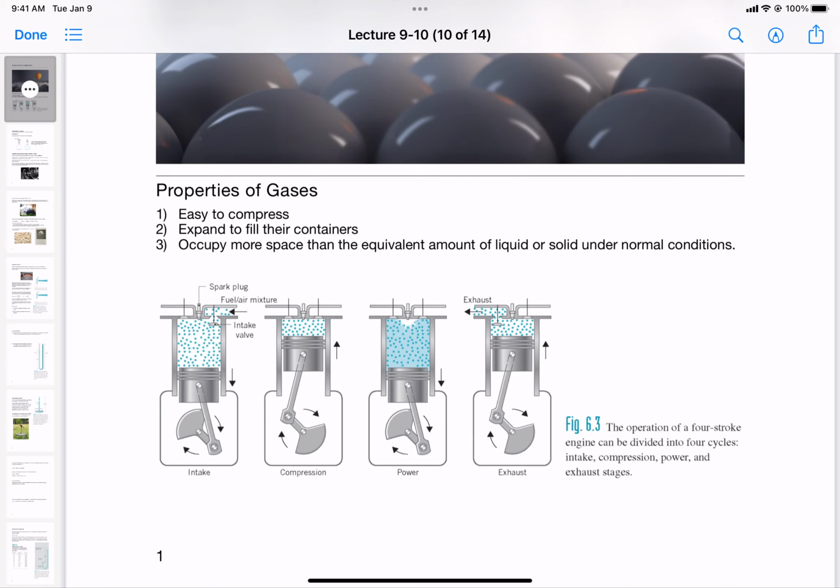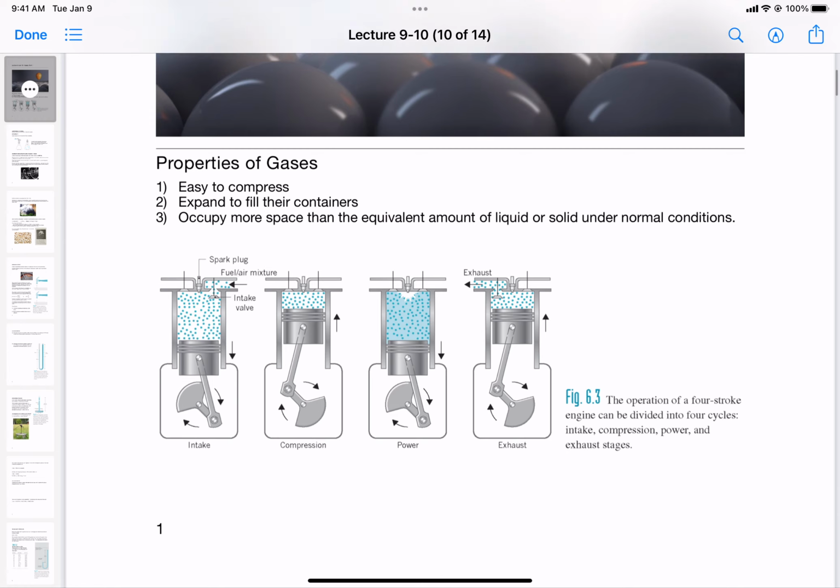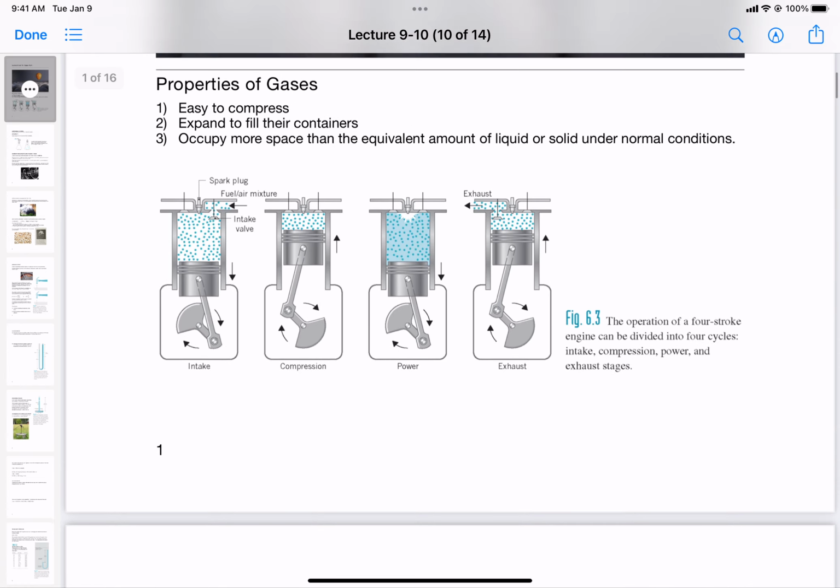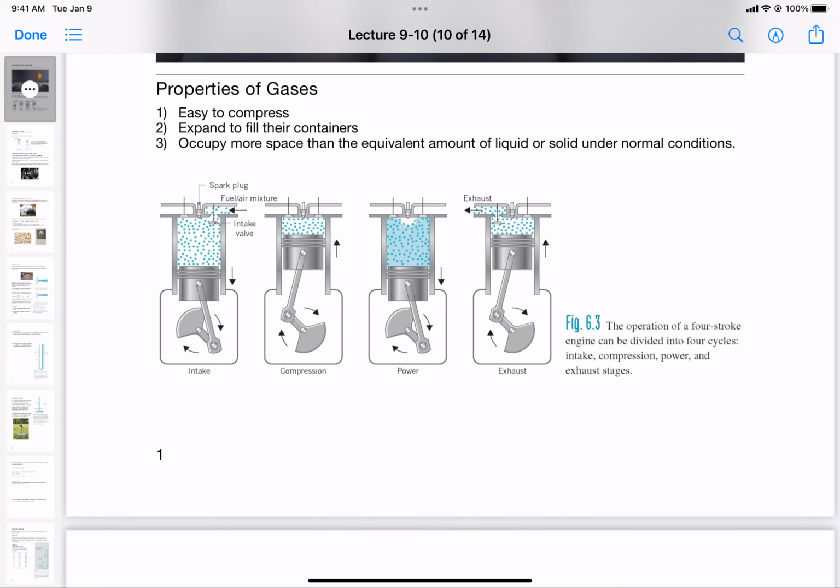Here we intake some gas, then the valve is closed, we compress the gas, and that compression does work and transfers energy, which eventually causes a reaction at the spark plug.